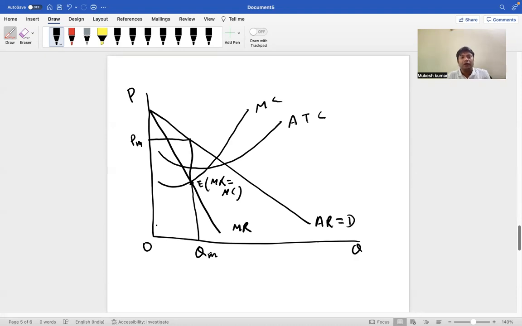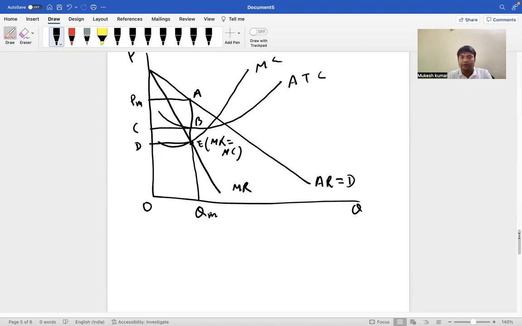And what is the profit here? Suppose this point is A, this point is B, this point is C, and this point is D.